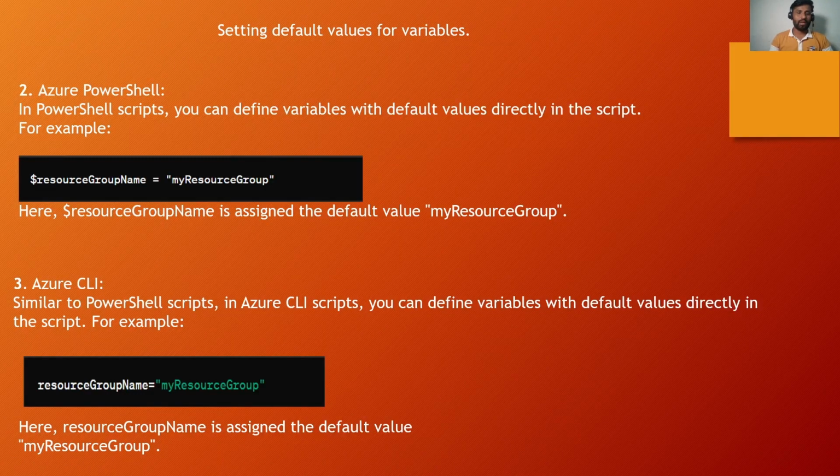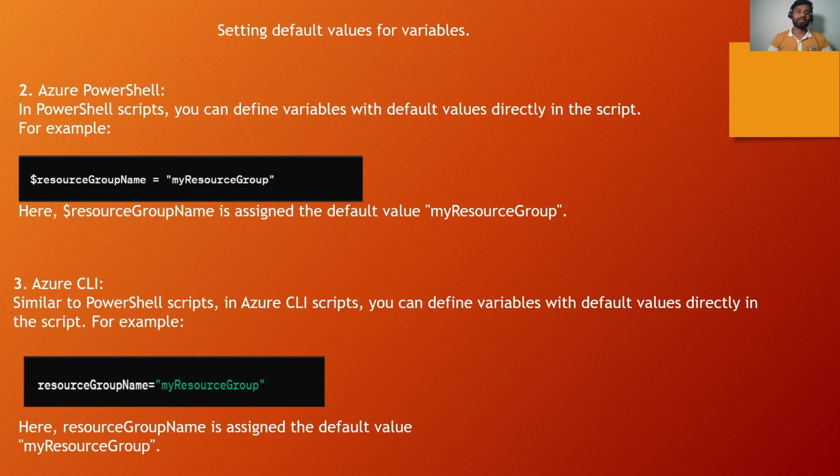You can define variables with default values directly in the script also in PowerShell. Say this is the PowerShell script: $resourceGroupName = "MyResourceGroup", right? Here $resourceGroupName is assigned the default value MyResourceGroup.